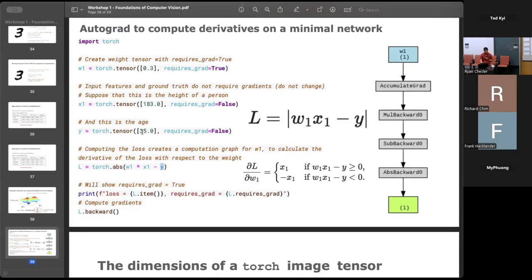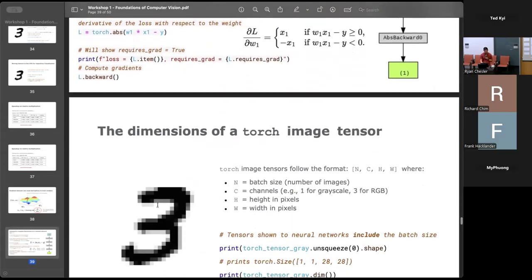So it's saying make a guess of this person's age and then measure how far away it is from the correct answer. And then at the end, we're probably going to want to update the weights in order to make that guess more correct. So we're moving in the direction of minimizing the loss every step that we take.